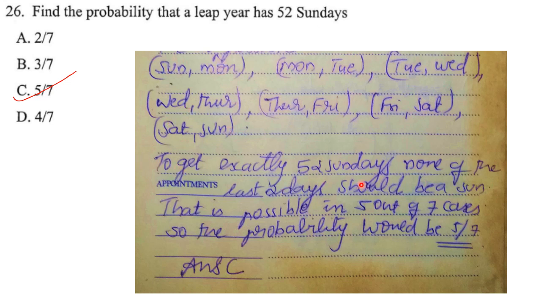To get exactly 52 Sundays, none of the last 2 days should be a Sunday. That is possible in 5 out of 7 cases. So ignoring these two, you will get 1, 2, 3, 4 and 5. So the probability will be 5 by 7. Answer is option C.